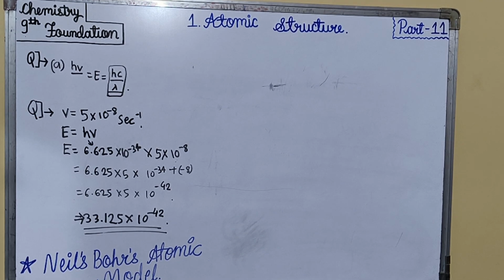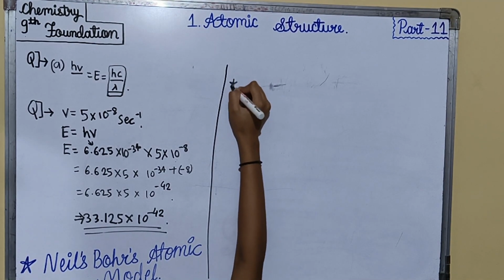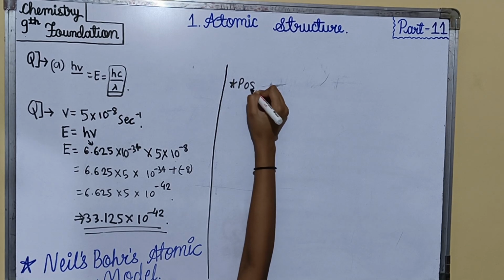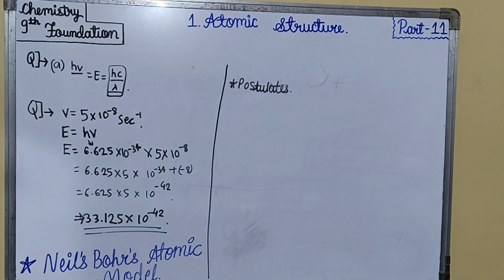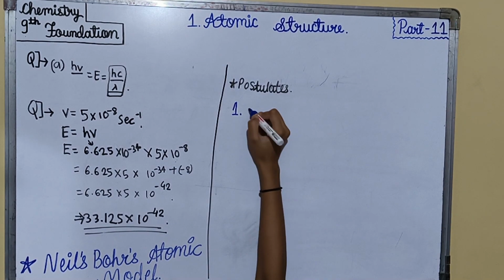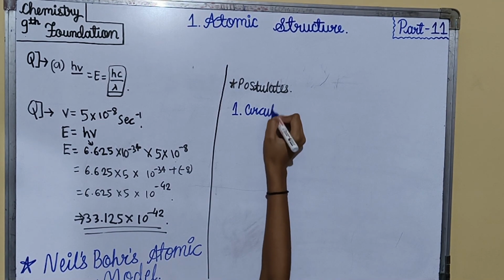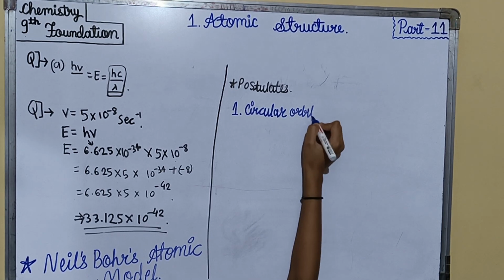Now there are some postulates of Bohr's theory. First is circular orbits.